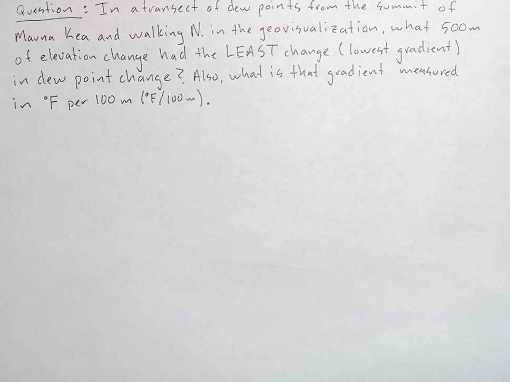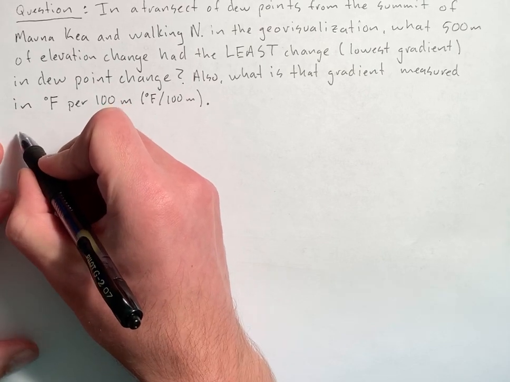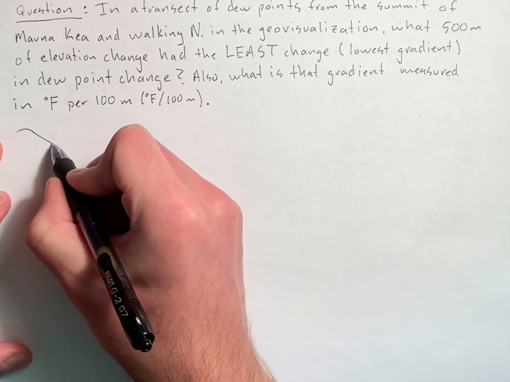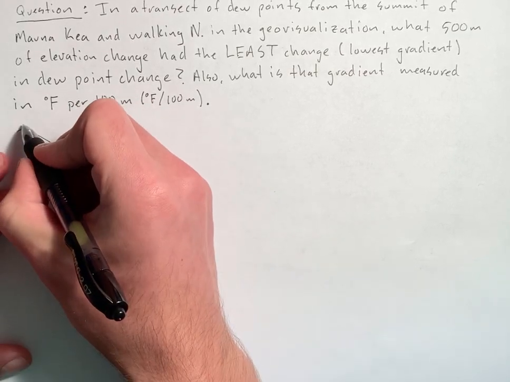The best way to do this is to open the geovisualization, go to the summit of Mauna Kea, and just begin walking north or down slope and recording the dew points every 500 meters. So this is a little bit of what that's going to look like. If you imagine that this is the slope of Mauna Kea, for example, this is the peak.